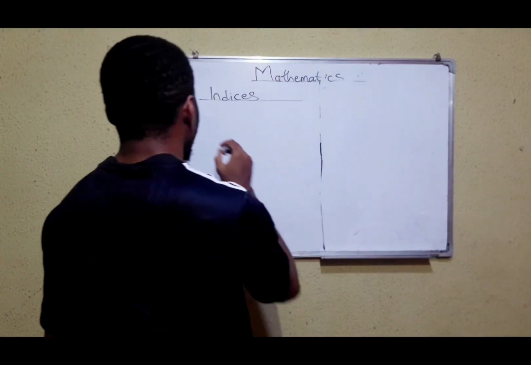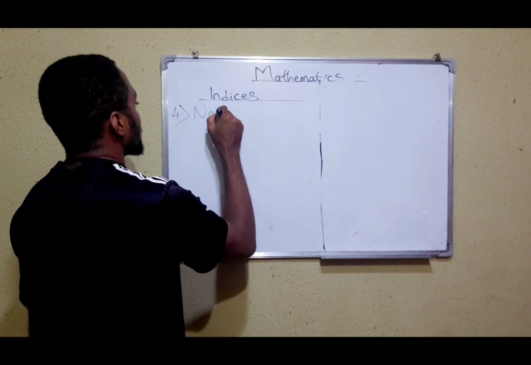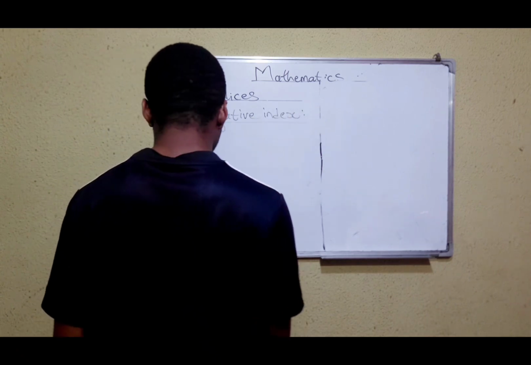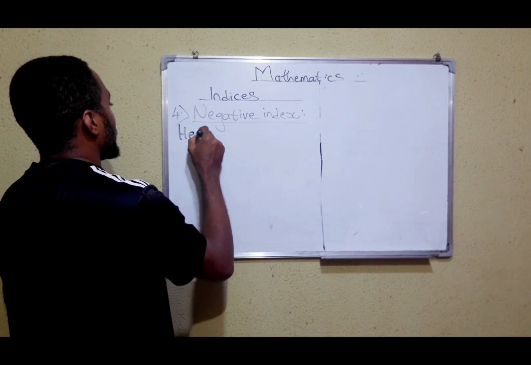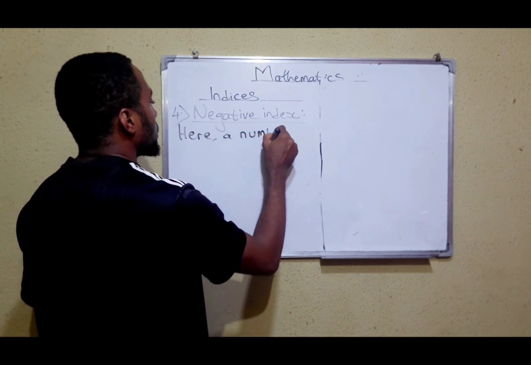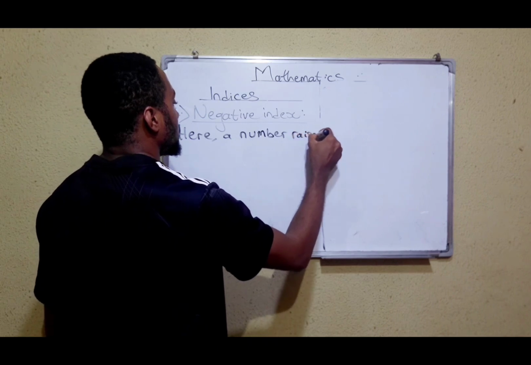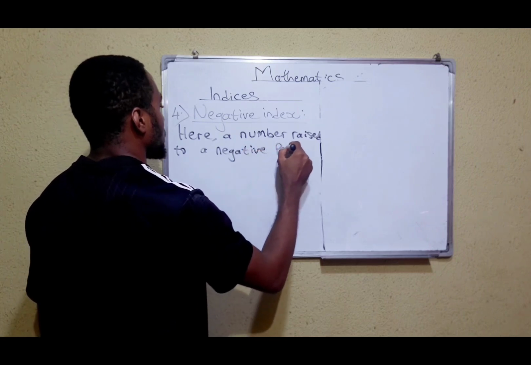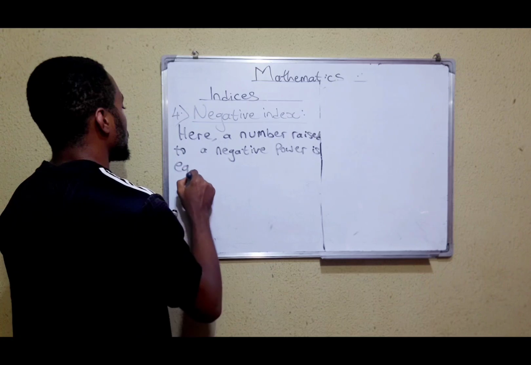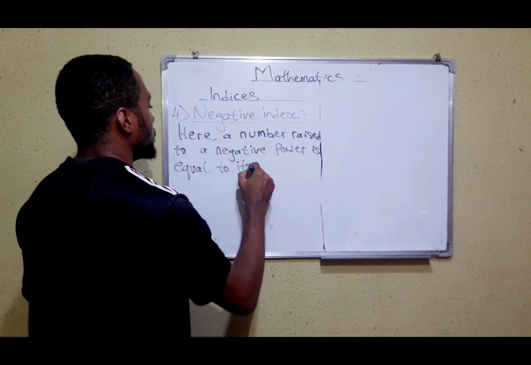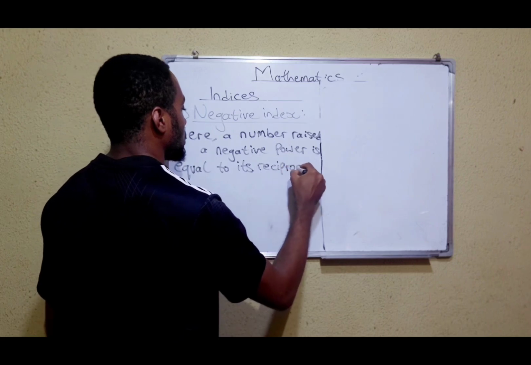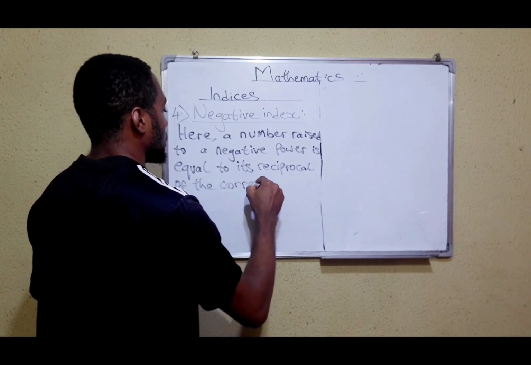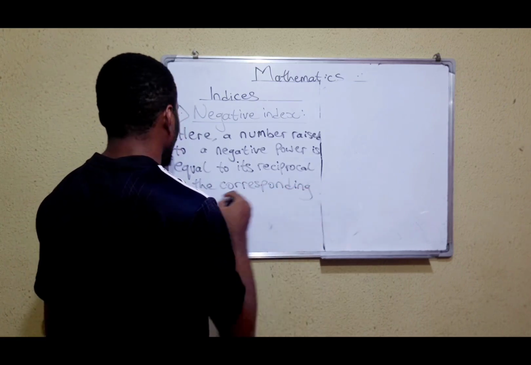The fourth one, negative index. Here, a number raised to a negative power is equal to its reciprocal of the corresponding positive power.